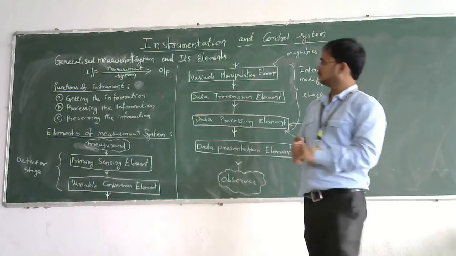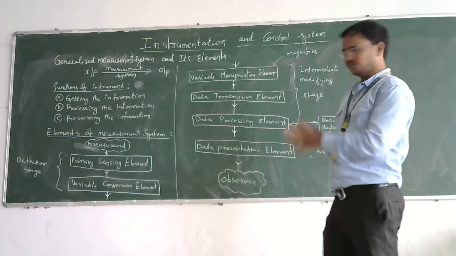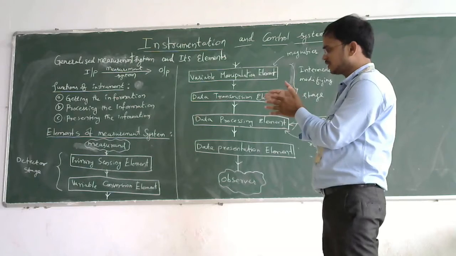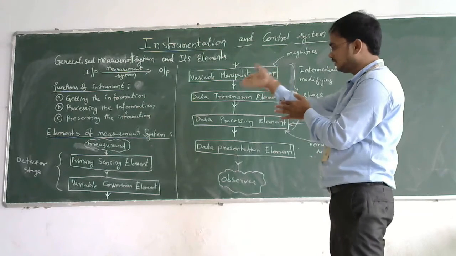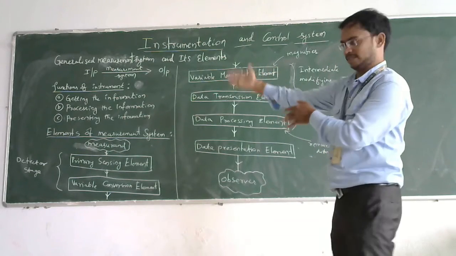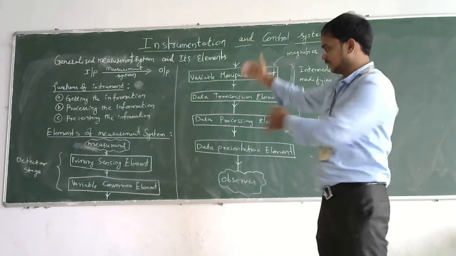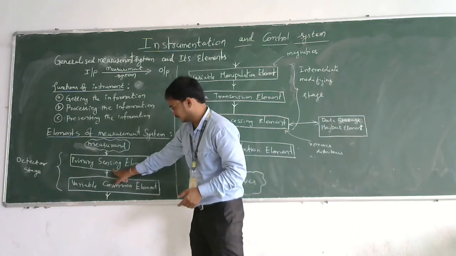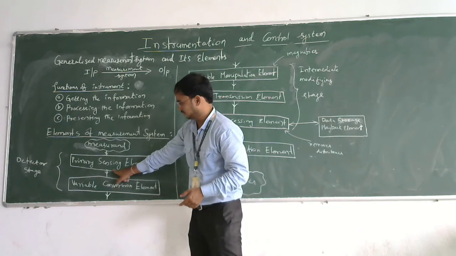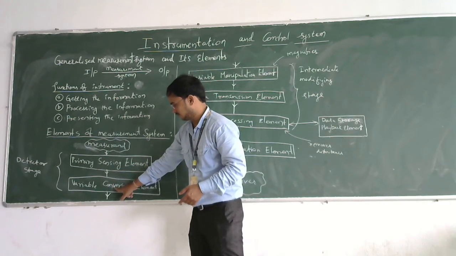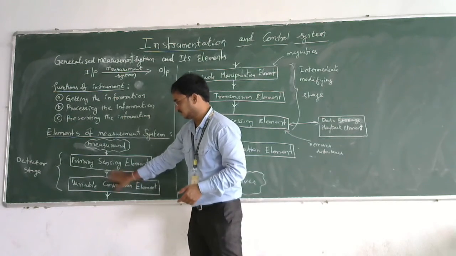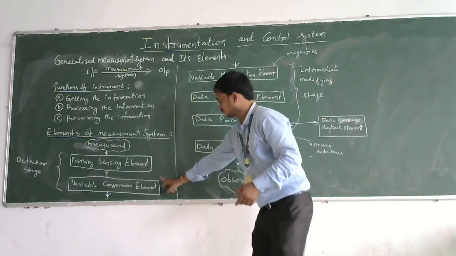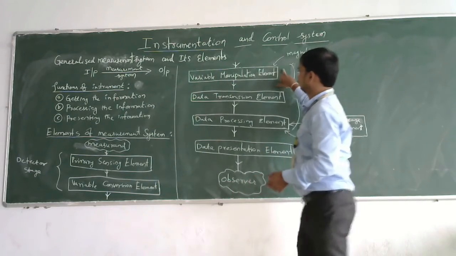And so this is how the information or the signal is getting processed and transmitted. First thing, getting the information. Where are you getting the information? From the measurement you are getting the information, and converting it suitably. These two come under getting the information. Next, processing the information. From here again, manipulation.